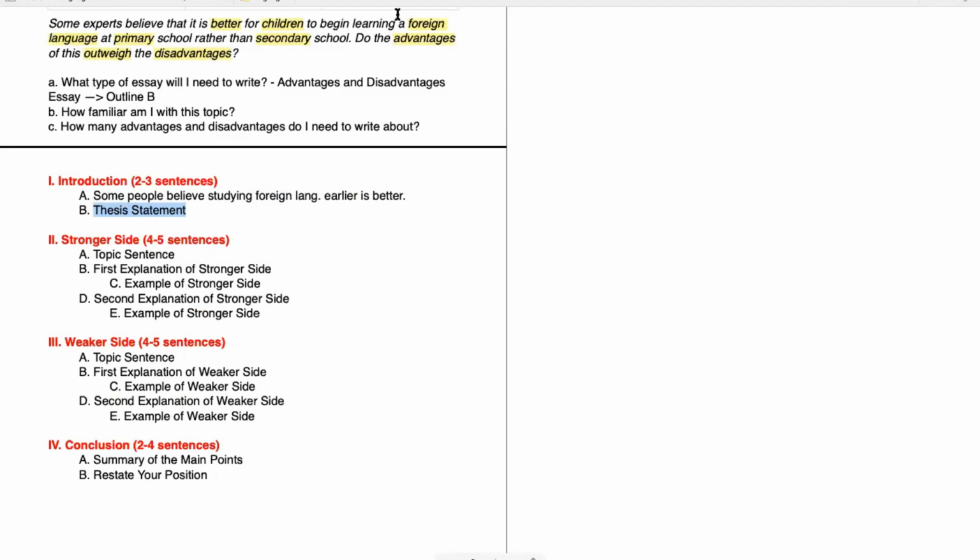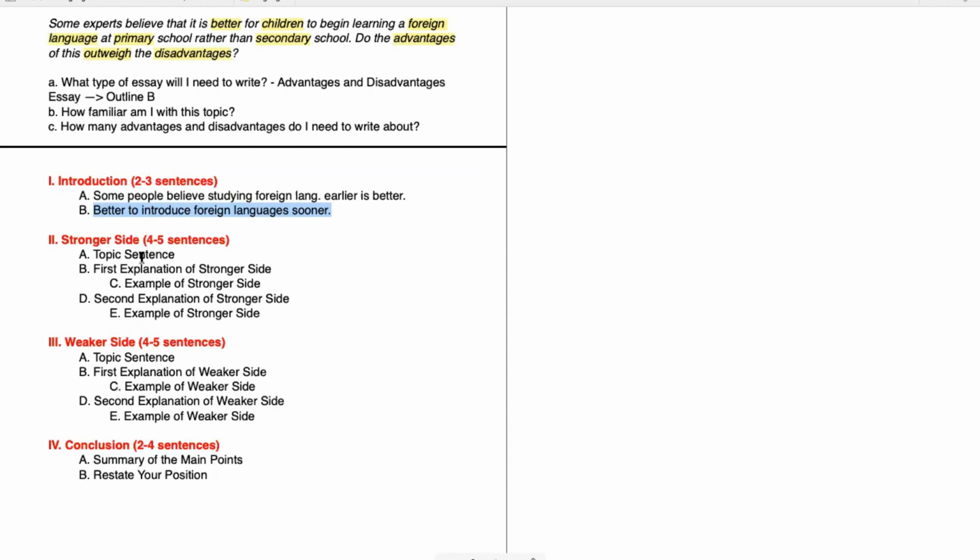And since I'm going to state that the advantages outweigh the disadvantages, I'm basically going to say better to introduce foreign languages sooner. So I'm going to call upon primary school rather than secondary school. But this thesis statement is basically what everything in the passage is going to support. So keep that in mind.